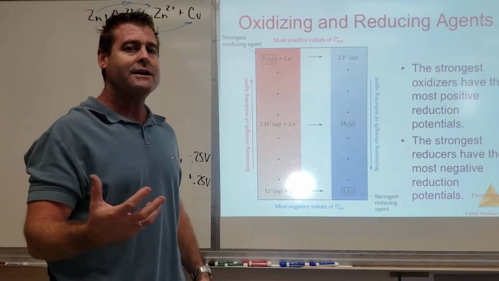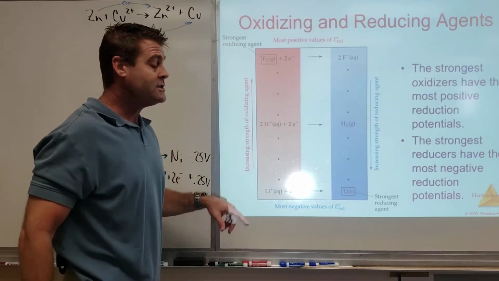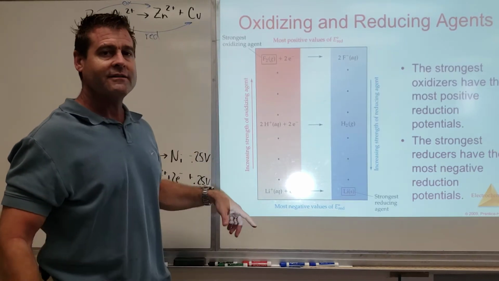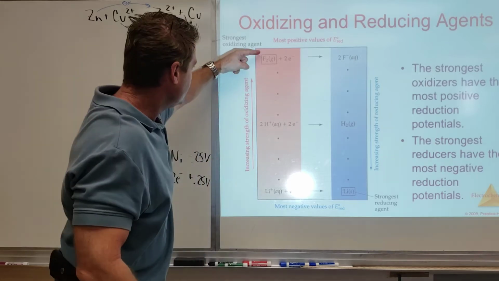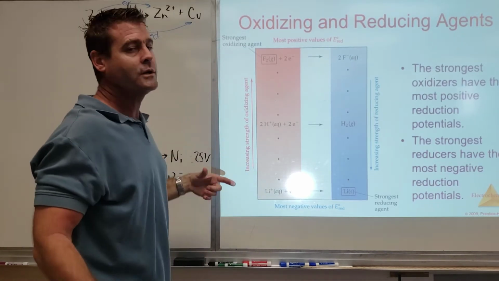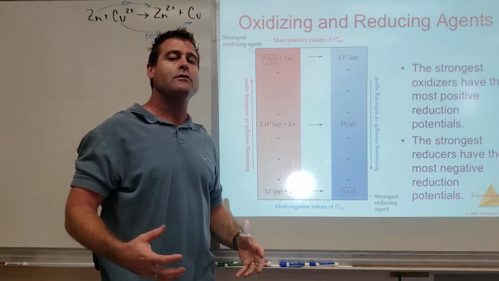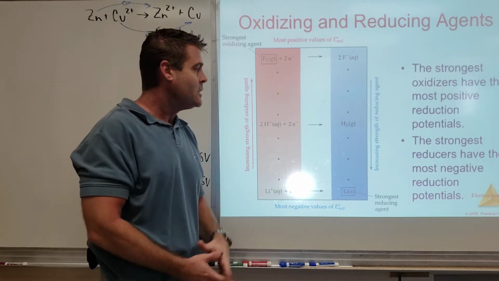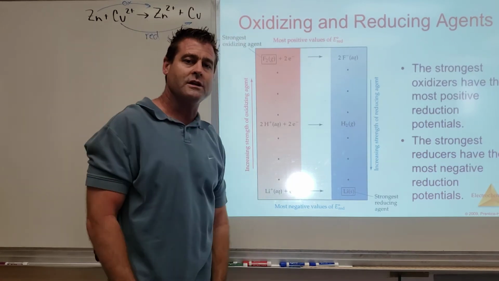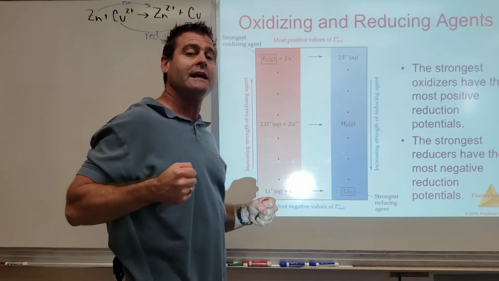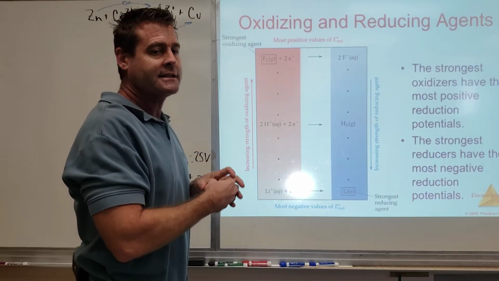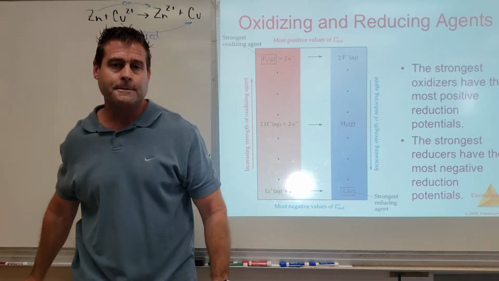Imagine you combine lithium with fluorine, like a lithium fluoride battery. You notice there's the biggest cell potential difference, and therefore you're going to produce a battery with a higher voltage. So the greater the difference in cell potential, the greater the voltage that's possible. The greater the electromotive force, the greater the force pulling the electrons from the substance being oxidized to the substance being reduced.